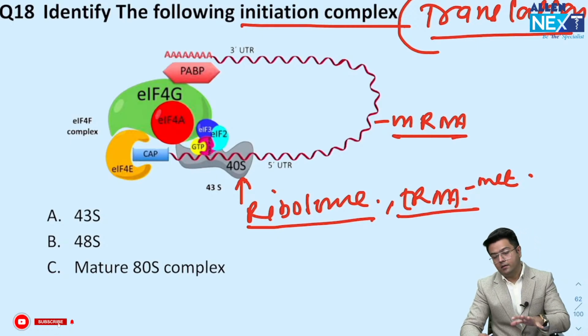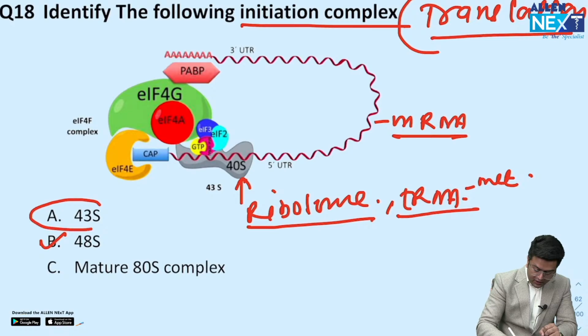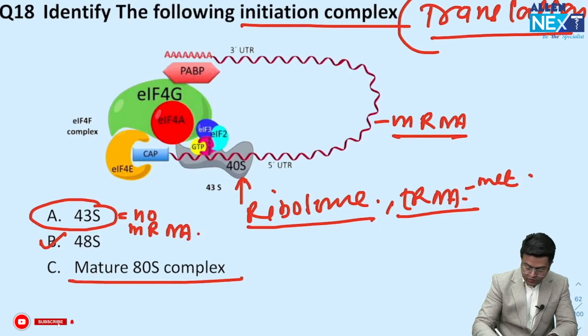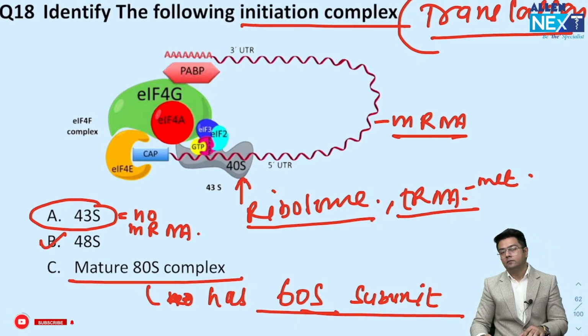So this is the 48S complex. In the 43S complex there is no messenger RNA. And why is it not the 80S complex? Because the 80S complex has the 60S subunit, which is not shown in the picture.